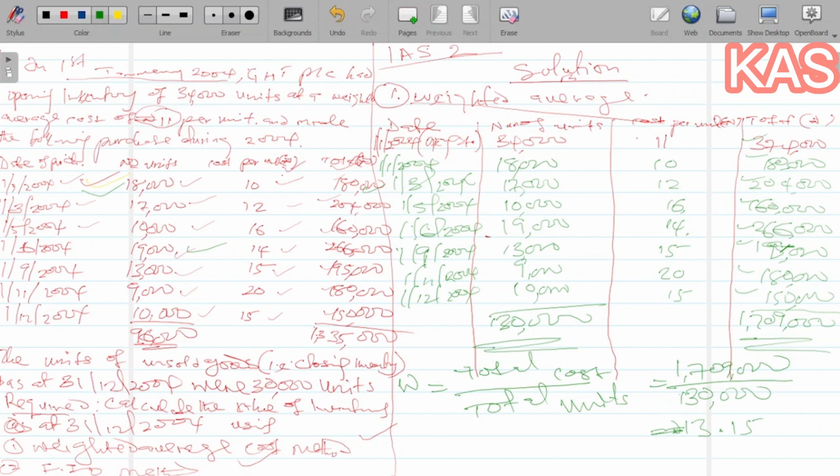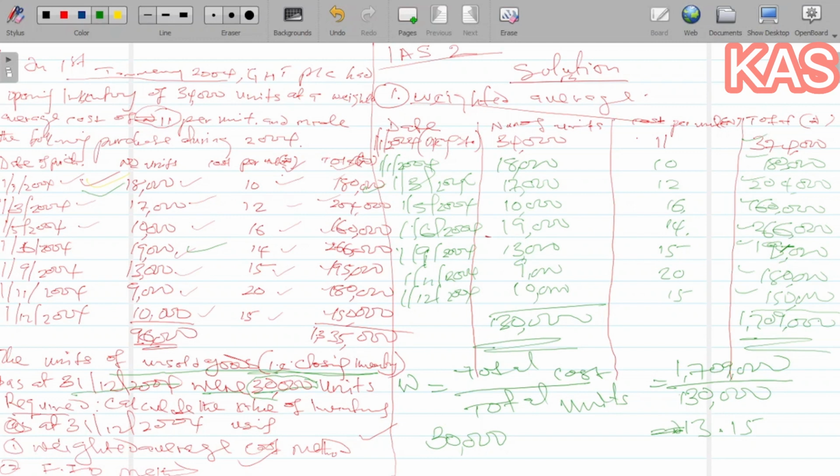Then our closing inventory will now be as follows. The question said the units of unsold goods, which is the closing inventory as at 31st December 2004, were 30,000 units.